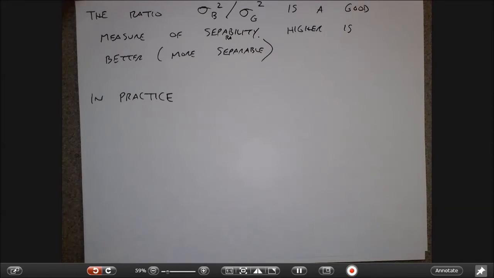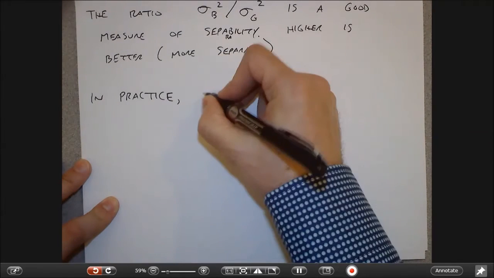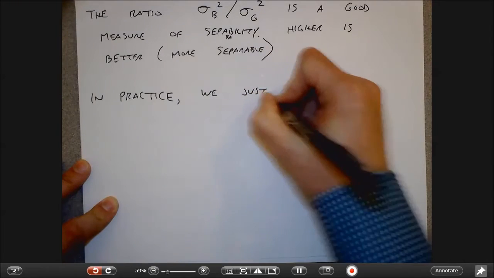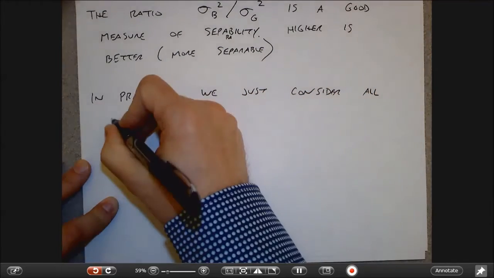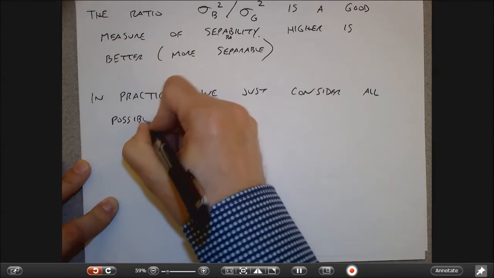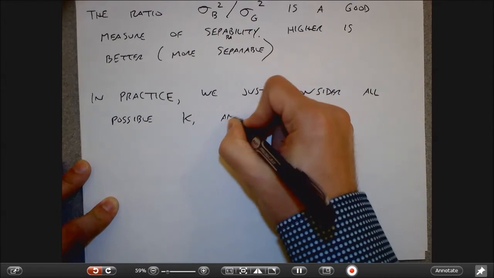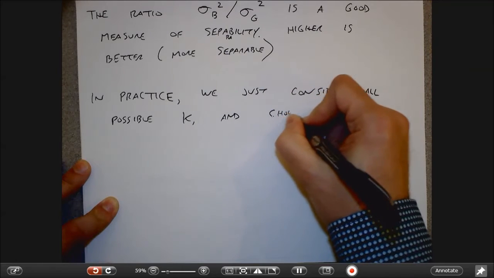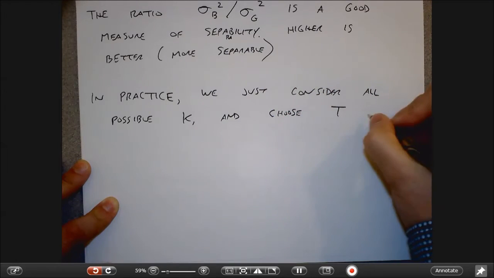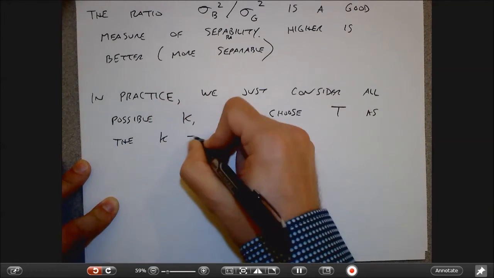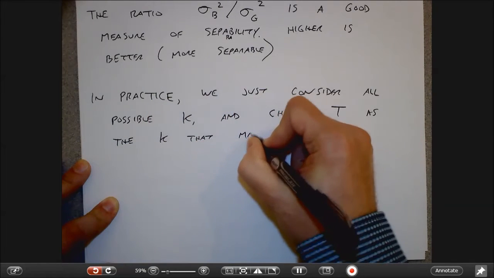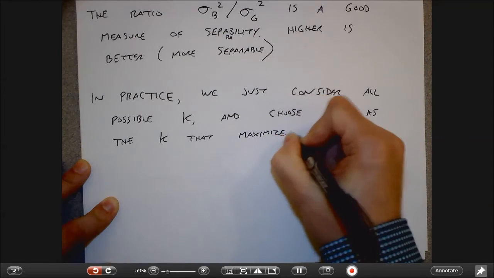So in practice, we just consider all possible thresholds and choose my final threshold, t, as the k that maximizes sigma b squared.